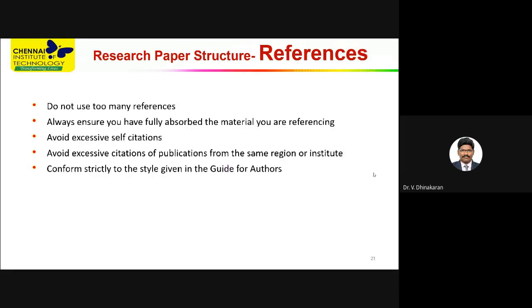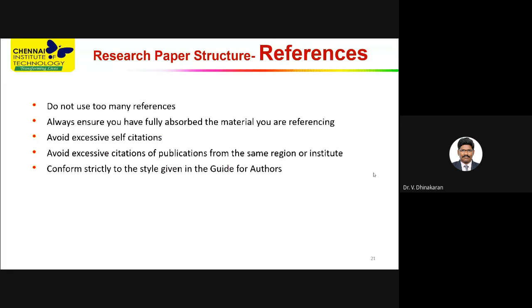And references. You should not use too many references. Don't bring under references any paper which has not supported your research. You should follow ethics, and only the references which are highly useful in support of your research work can be brought under the references section.